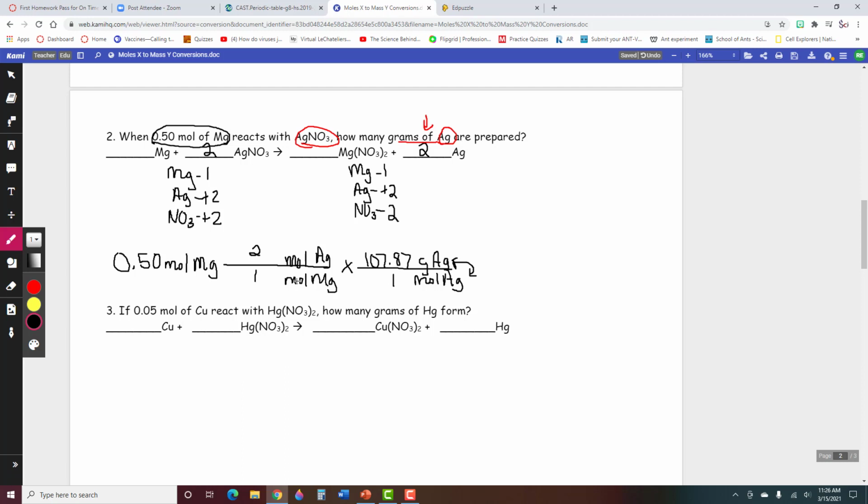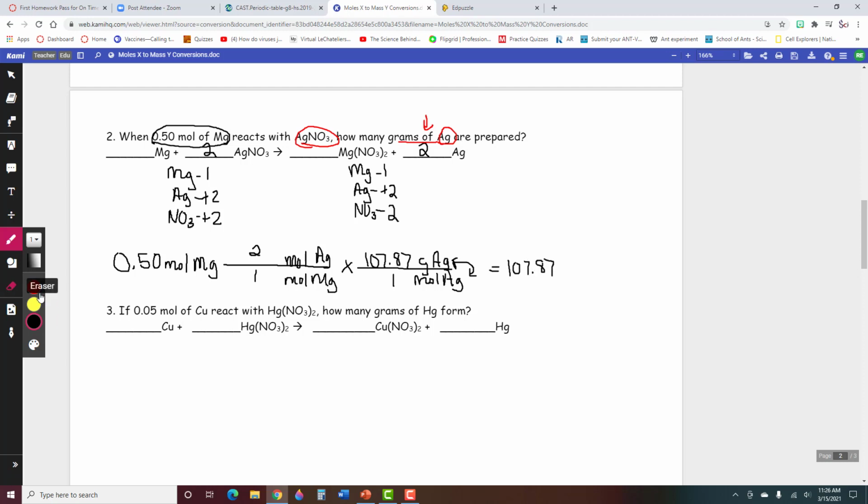So 0.5 times 2 is 1, 1 divided by 1 is 1, 1 times 107.87 is 107.87, divided by 1 is 107.87. So the answer is 107.87.